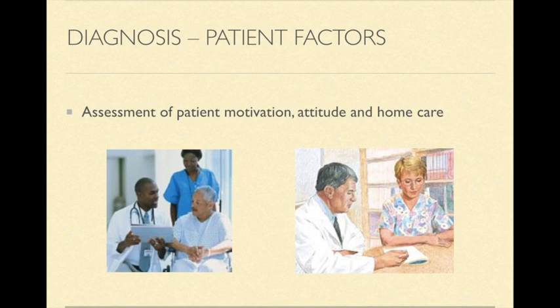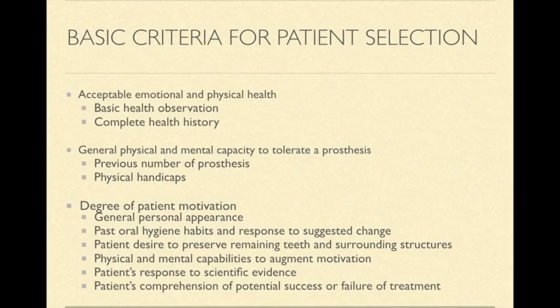The other important thing when you do a diagnosis is to check the patient's factors. You have to see the patient's motivations, attitude, and home care. They will also affect the success of the removable partial dentures after you deliver them. So the patient definitely needs to have acceptable emotional and physical health.